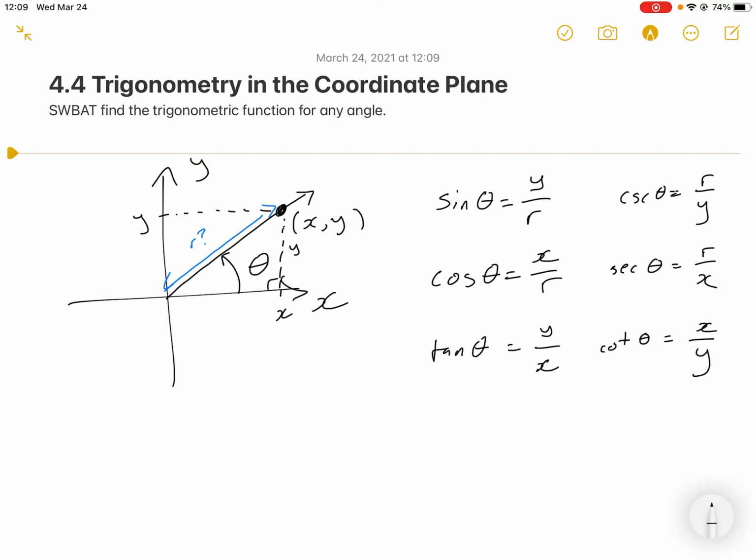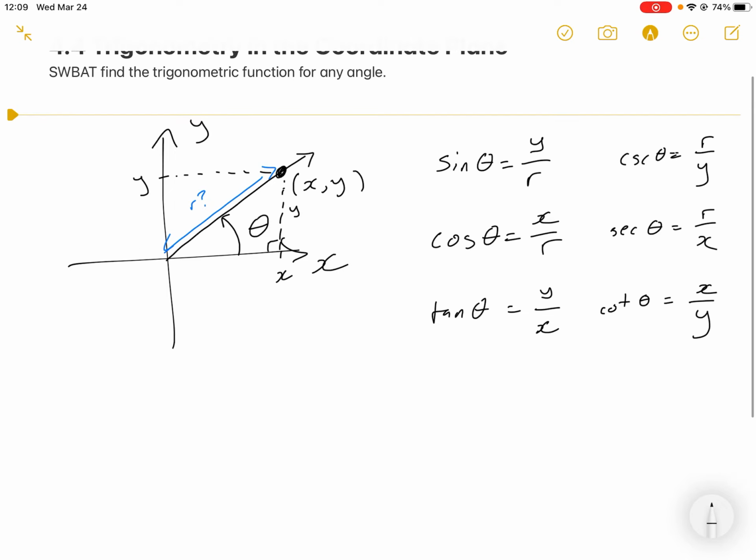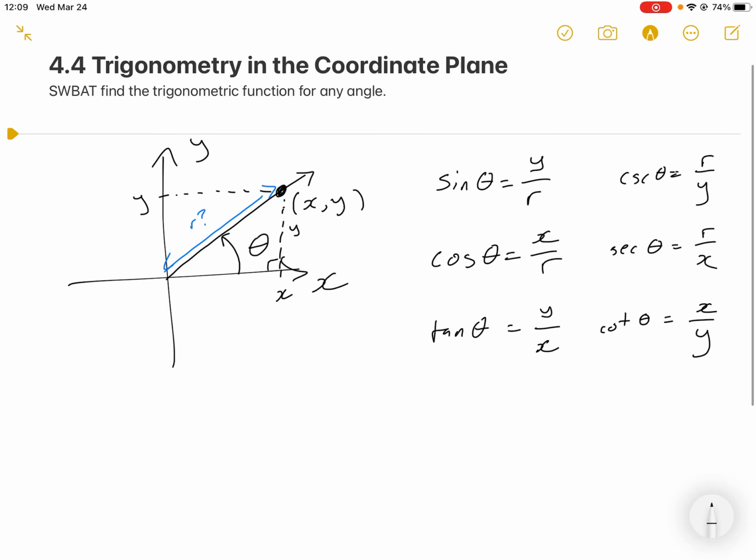So in this video we won't be doing too much, because most of what we talked about also worked out in section 4.2. But we will see a couple more examples for this content. Our goal today is to be able to find the trig function for any angle, not just if we're confined to the unit circle or a right triangle.